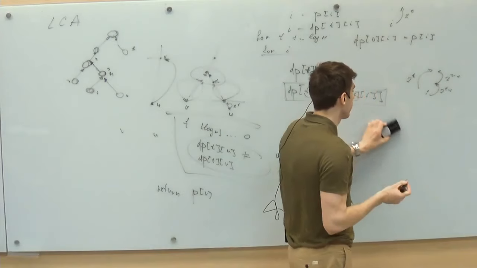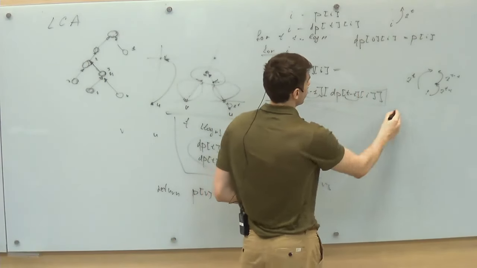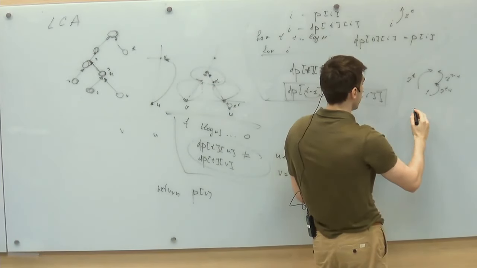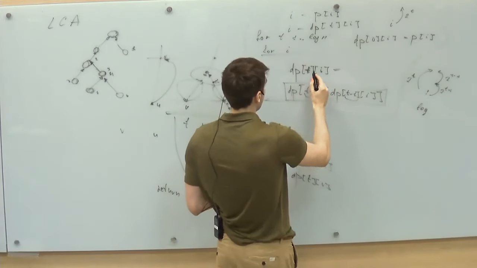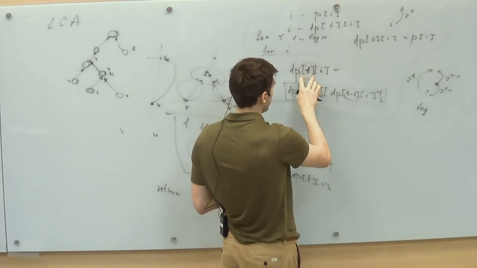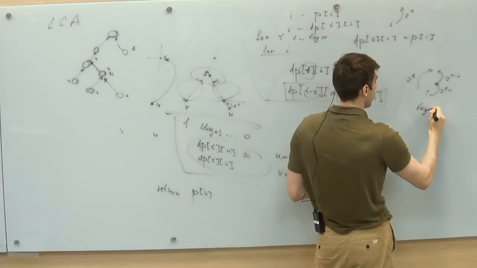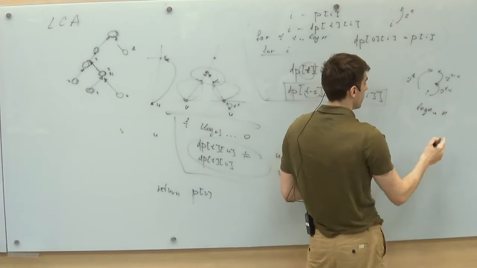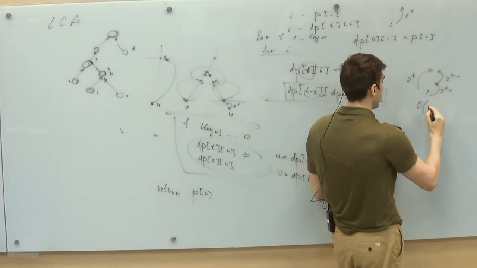To make this method work, we'll have preprocessing to calculate all the binary steps. This will take log of the size parameter, and the second one is just any vertices. So the complexity for the preprocessing will be n log n.